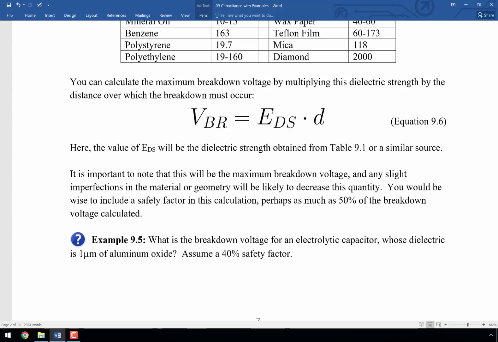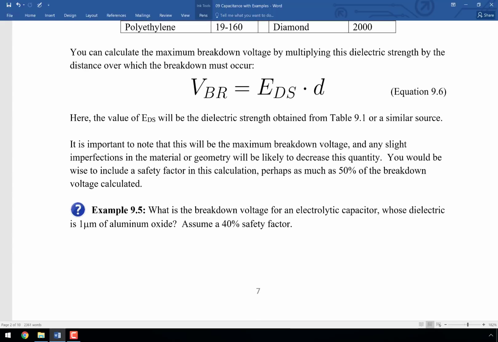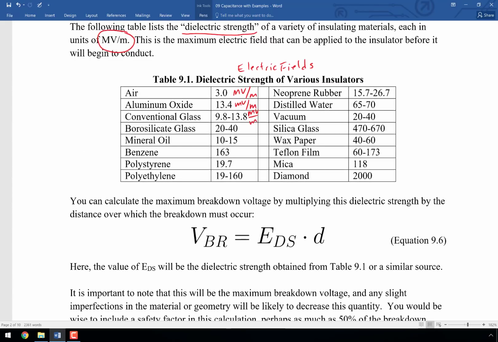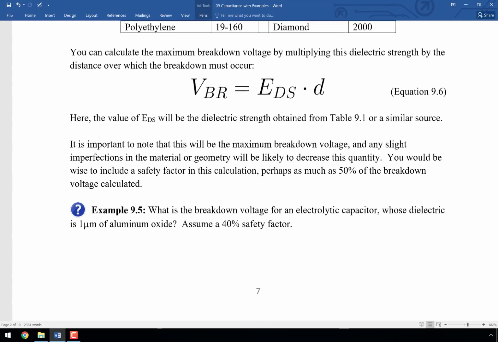So what is the breakdown voltage for an electrolytic capacitor whose dielectric is 1 micron of aluminum oxide? Assume a 40% safety factor. Let's scroll back up here, and for aluminum oxide, we're going to see that it is 13.4 megavolts per meter. And so this calculation is actually pretty easy.